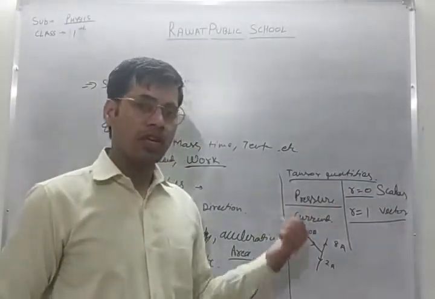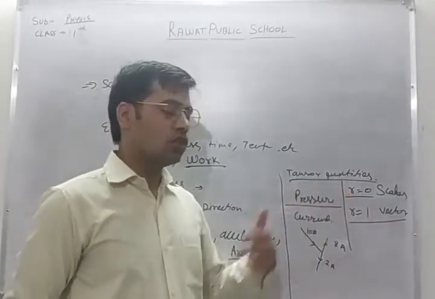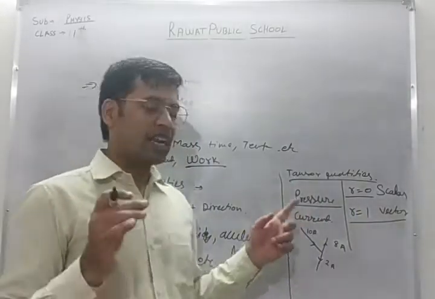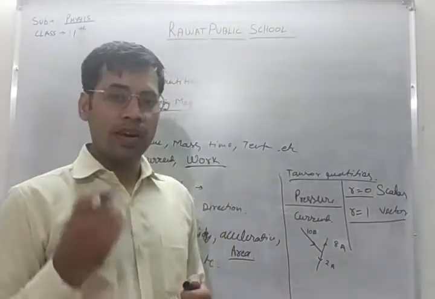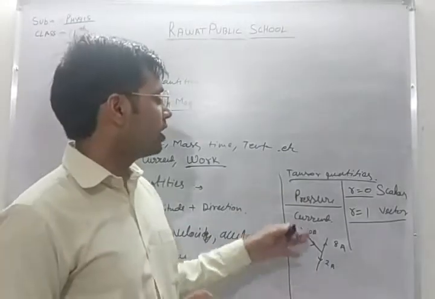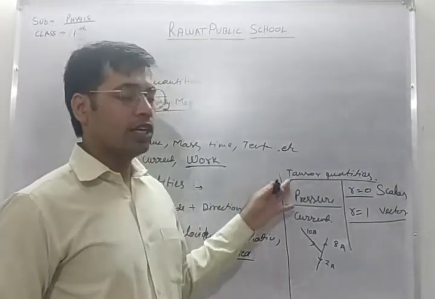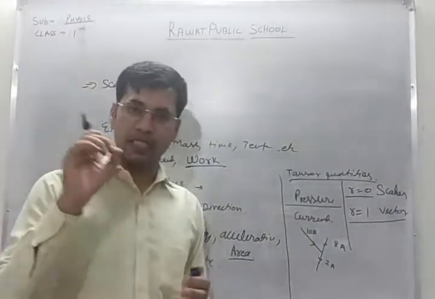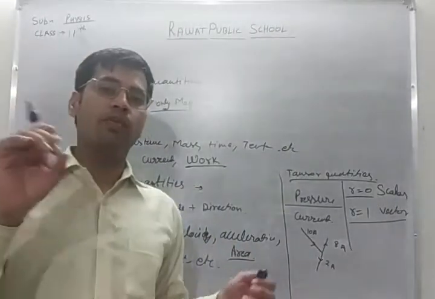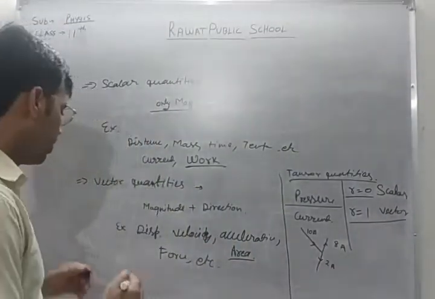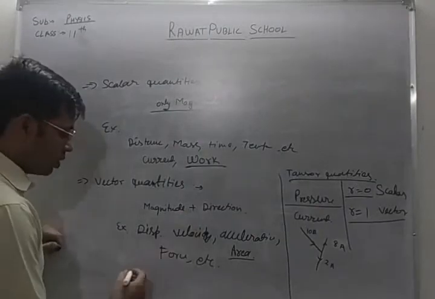Pressure, current, all these are of rank 0. And if the rank is 1, then purely they are vector quantities. So those quantities which come into the category of both scalar and vector, we can count them as a vector quantity, the tensor quantity.